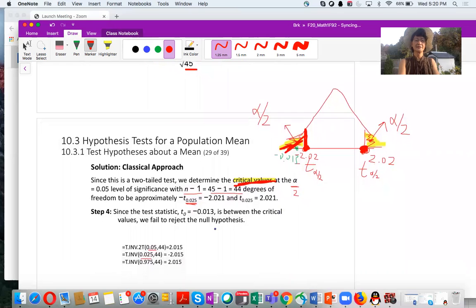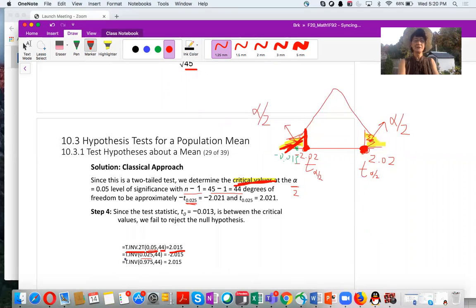using Excel. I give you the note. There are different ways to do it. One, you use t.inv.2t. 2t means two-tail, and you substitute the probability with 0.05, degree of freedom 44. You get 2.02, to keep 2 decimal places.